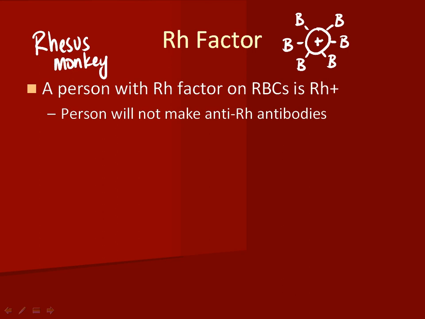It's like an additional tattoo. So my body looks and goes, okay, I'm used to B's, and I'm used to having this positive tattoo. So it's used to those two things. If it sees A tattoos, it attacks. If it sees O-type blood, that's okay, because O-type, remember, is no tattoo at all.